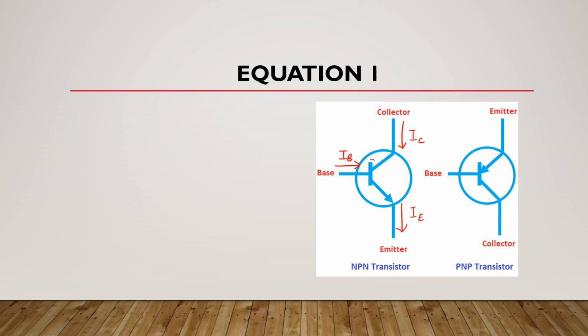Now if we look at this point, one current IE is leaving and two currents IB and IC are entering. So if we apply Kirchhoff's current law, for an NPN transistor we get the equation IE is equal to IB plus IC, where IE is leaving and these two currents are entering.